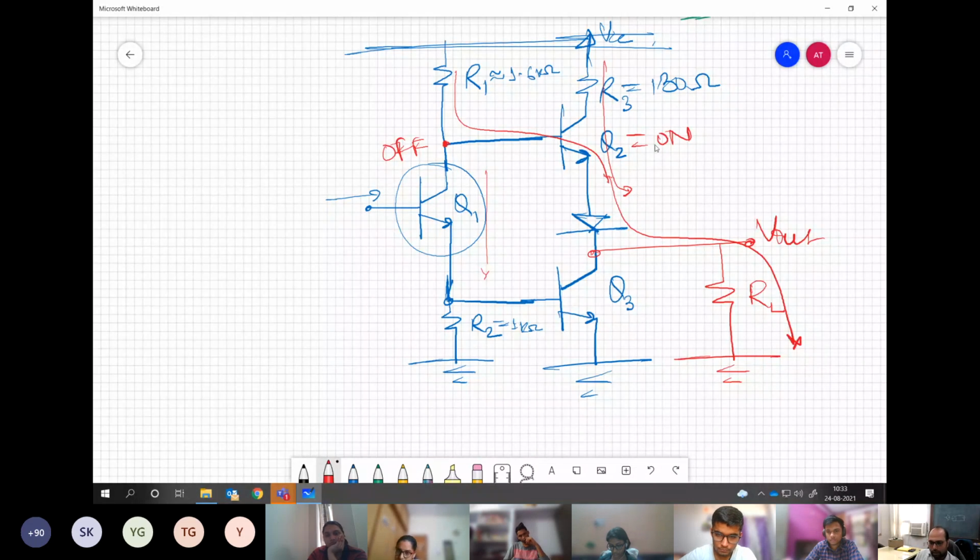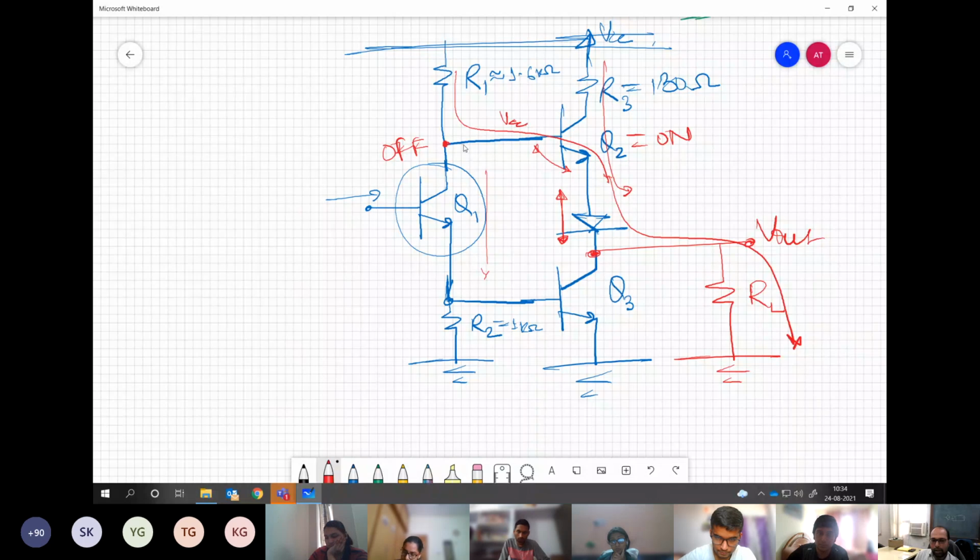Now, if this is on, what will be the voltage over here at this point? VCC minus 1.2. So you see two diode drops over here, right?